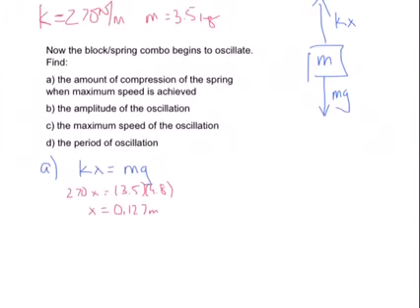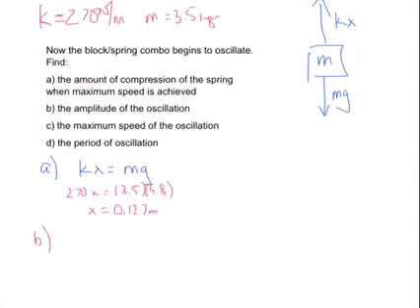Let's take a look at B, the amplitude of the oscillation. Using that same concept, the spring is going to oscillate between max compression, 58.1 centimeters, to equilibrium, 12.7 centimeters of compression, then up to the amplitude on the other side, and back to equilibrium, and it repeats indefinitely. So the amplitude of the oscillation is just the difference between the equilibrium position and the max compression or the max stretch. So all we need to do to find the amplitude is find the distance between those two compressions.